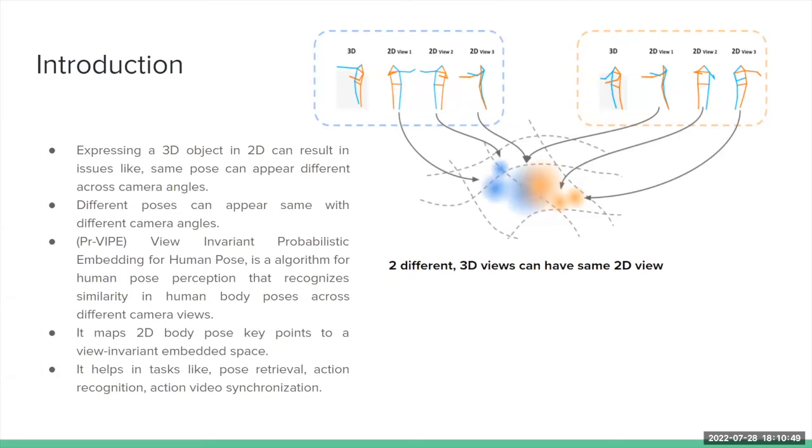As an example, in the figure here, you can see that the third 2D view for the 3D pose on the left is similar to the second 2D view of the 3D pose on the right. So they are mapped into similar locations in the embedding space, but with large variance to distinguish. Can I have the next slide, please?